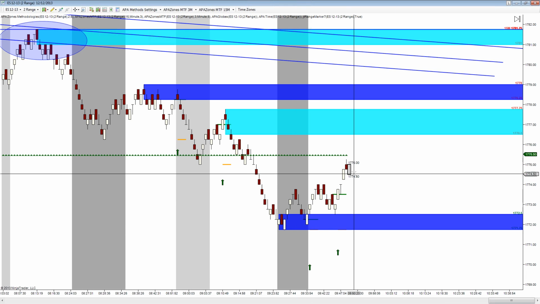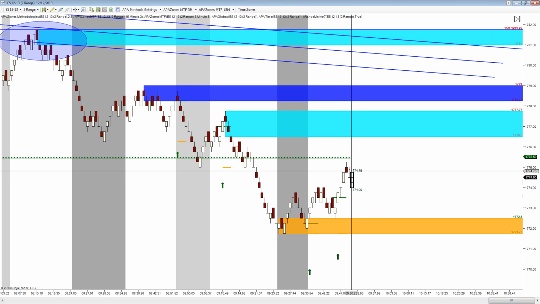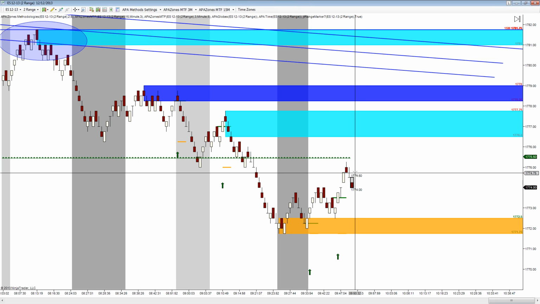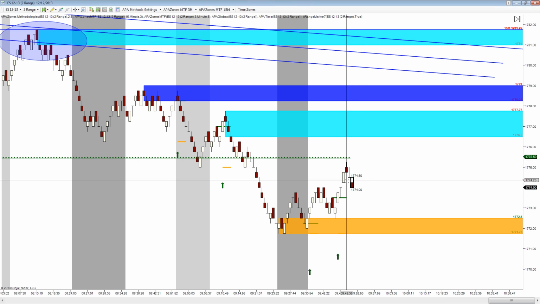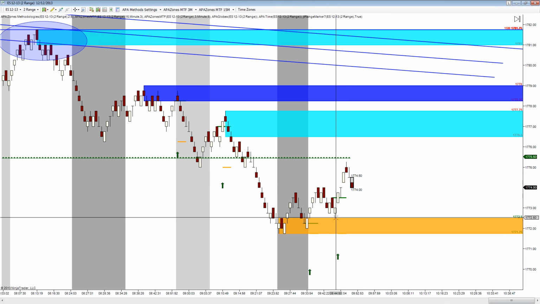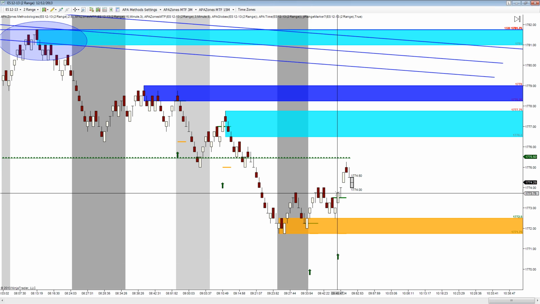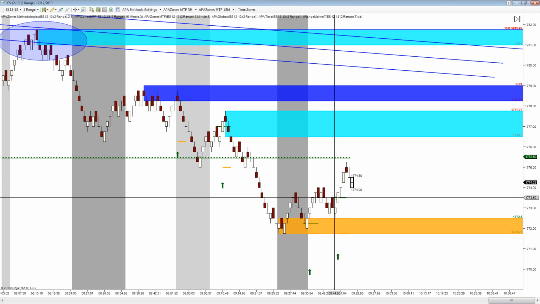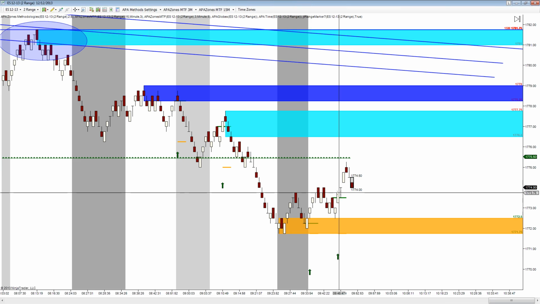We also have this really cool tool that now plots where the top or the bottom of the range bar could be. So that may also be included in the APA package. Just so that we know, if you are bouncing off of a zone here, we can tell that this second range bar is going to engulf the previous red bar by a tick, even before this 2 range bar is done plotting.